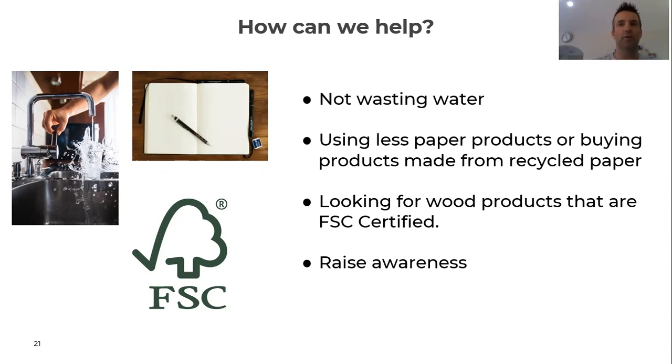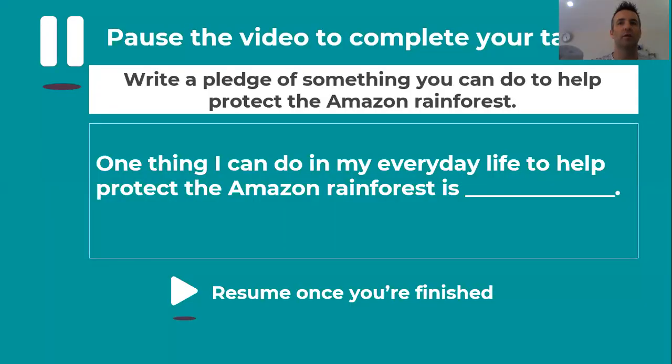Okay, so the last thing we're going to do together is, I would like you to say or write a pledge. A pledge is something that you promise to do. So writing or saying a pledge about what we can do to protect the Amazon rainforest. I want you to think about one thing that you can do in your life, one small change that you can make to protect natural environments like the Amazon rainforest.